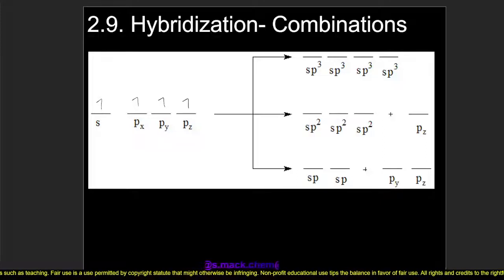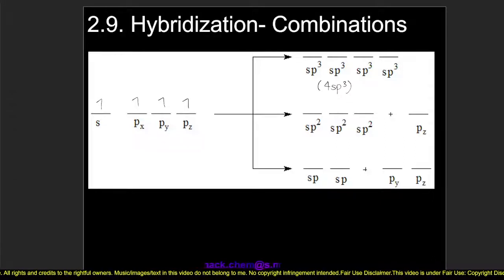Because we mix 1 s with 3 p orbitals, we're going to get 4 sp3 hybrid orbitals. These sp3 hybrid orbitals are all equal in energy and shape.